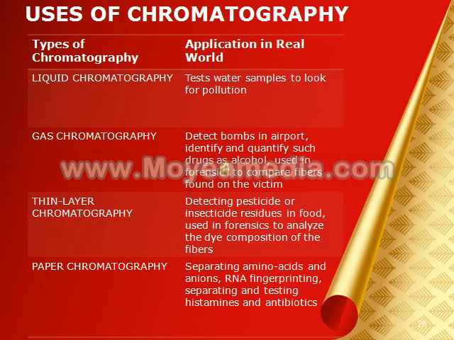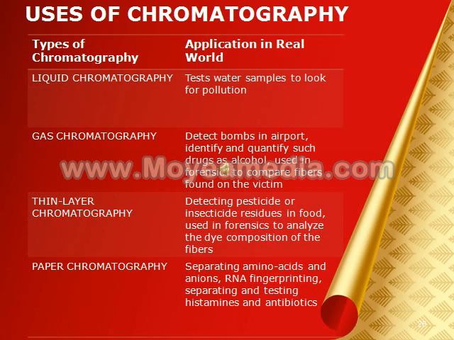As you all know that behind every technique, there should be some major application in the real world. And some of the major applications in the real world in case of different types of chromatography are given on the slide. In case of liquid chromatography, we can test water samples and check pollution. In case of gas chromatography, we can detect bombs in the airport, identify and quantify drugs and alcohol used in forensics.